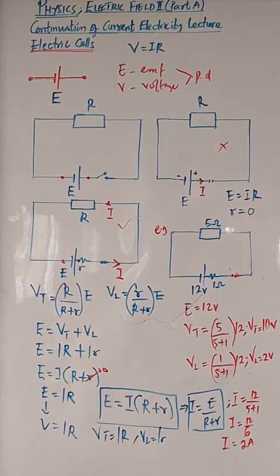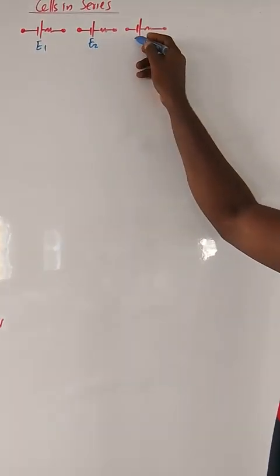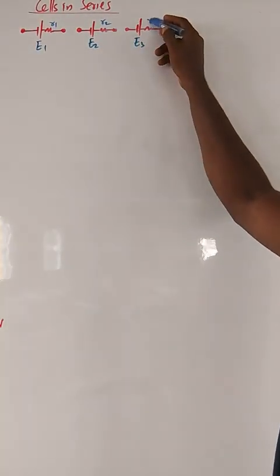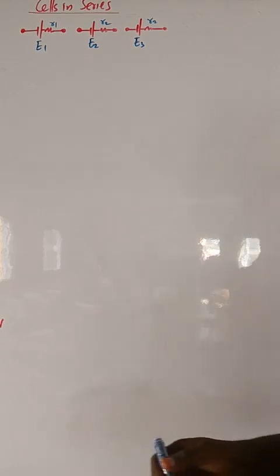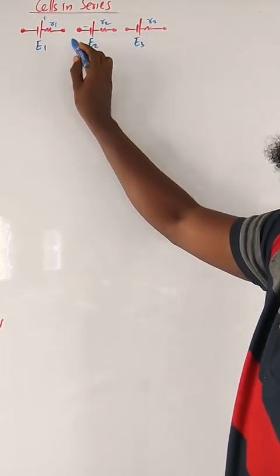So now let's move to cells in series. Now, suppose this cell has EMF E1, EMF E2, EMF E3, internal resistance r1, r2, r3. To connect these cells in series, we are going to connect the positive terminal of the first to the negative of the other.